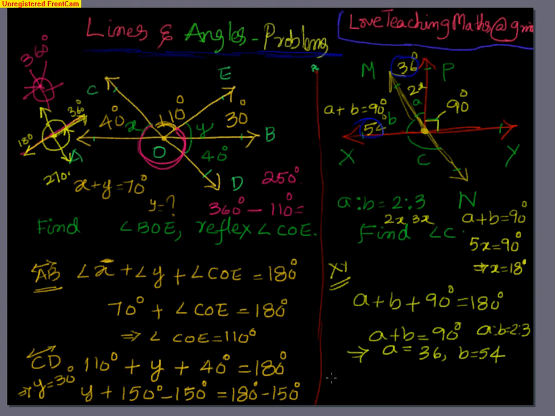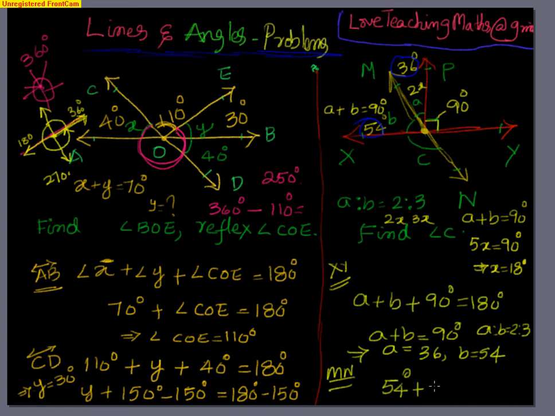Now let's consider this line MN. If I take MN, this angle MCN plus XCN should be equal to 180 degrees. We already know the angle MCN. MCN is nothing but angle B, sorry, that's equal to 54 degrees.